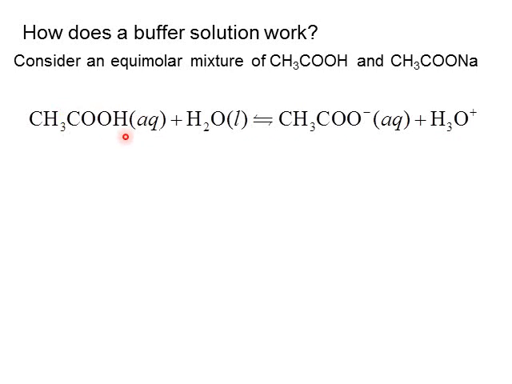So I have more CH3COOH, and I lose some CH3COO-. But the key is that the concentration of H3O+ has gone down as well. As a result of that, essentially you lose your H+.